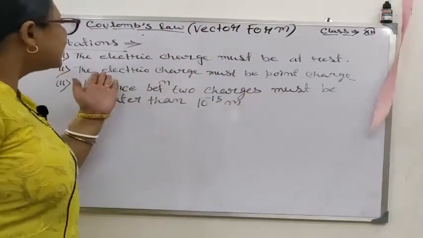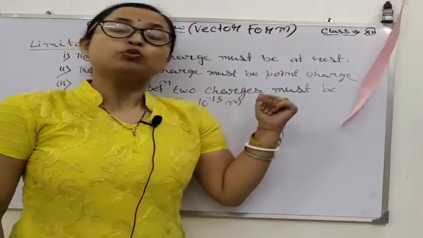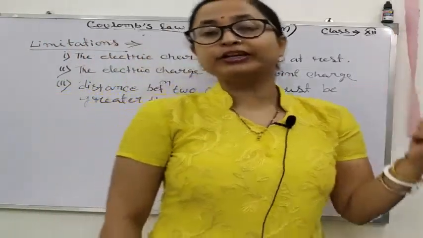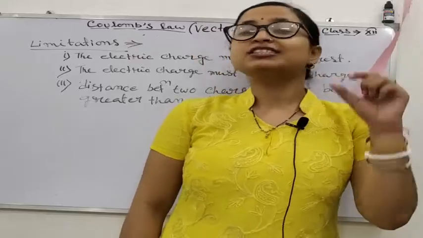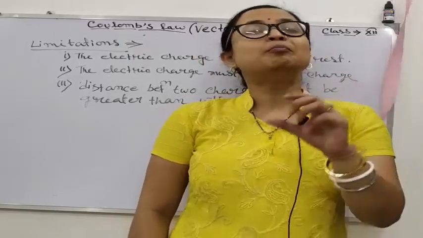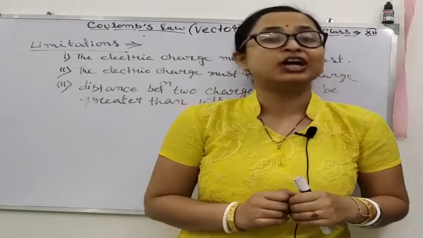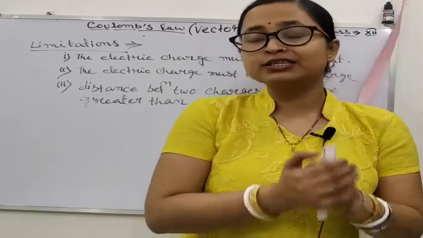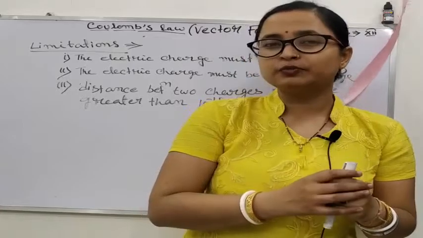And second point, the electric charge must be a point charge. Now what is the meaning of this point? Point charge means the radius or the size of the charge must be less than the separation between the two charges. We know that Coulomb's force is inversely proportional to the square of the distance between them.